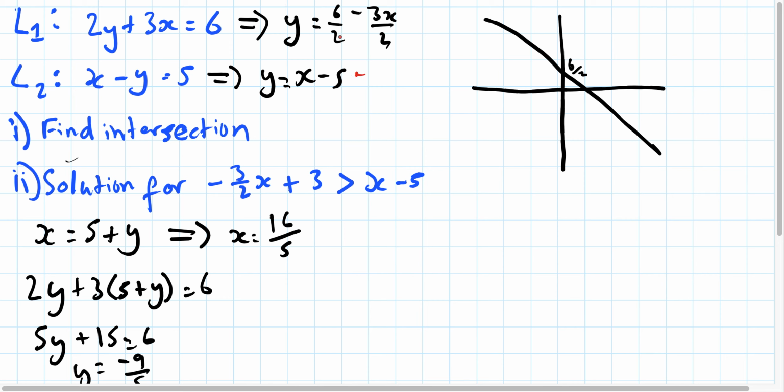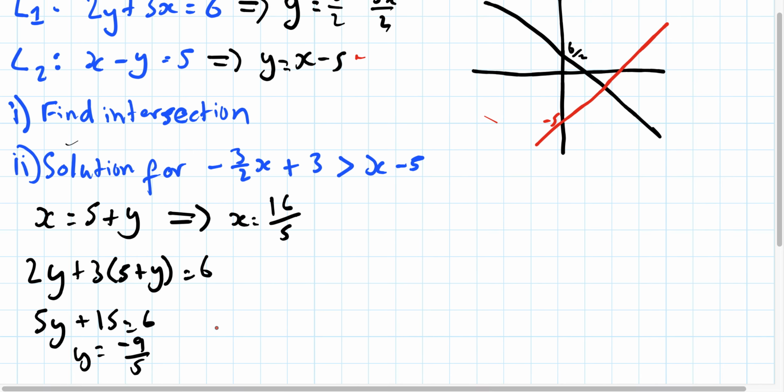So this one in red is going to be here going through minus 5, and I know that's the y-intercept. And we said the point here is x is 16 over 5 and y is minus 9 over 5 here.